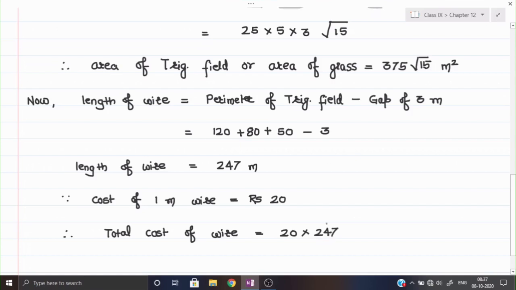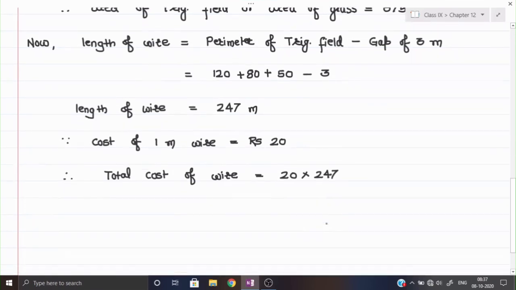Let us multiply. What does it come? 7 2s are 14, carry 4, remaining is 1, 4 2s are 8, plus 1 is 9, and 2 2s are 4. So it is coming 4940 rupees.